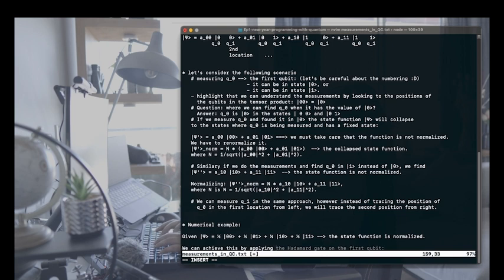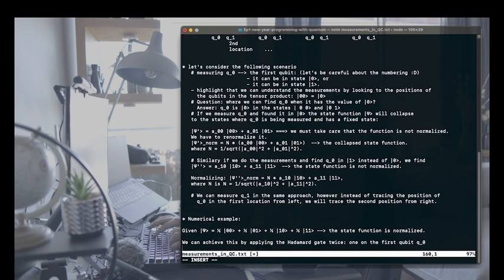Here let's explore a numerical example where we are given the state psi with the coefficients half, half, half, half. That state could be achieved by applying the Hadamard gate twice, first on the first qubit and secondly on the second qubit.